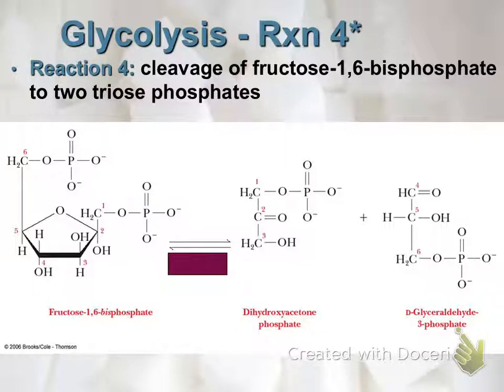Besides a phosphate and a ketone, what else do we have? What other functional groups do we have there? Aldehyde. What else is there? Alcohol. That glyceraldehyde 3-phosphate, just like we have enols, this is an aldol, and this is called aldolase.